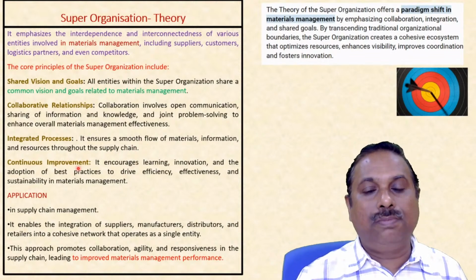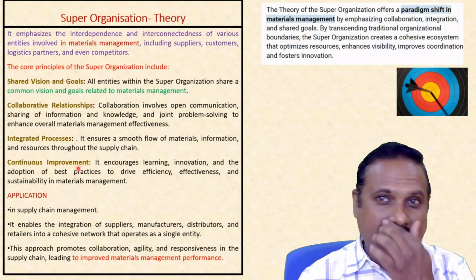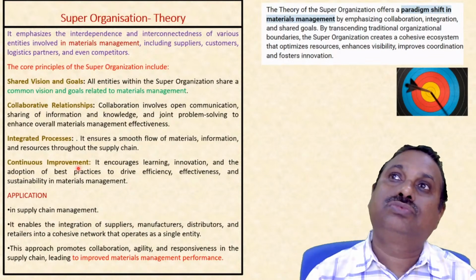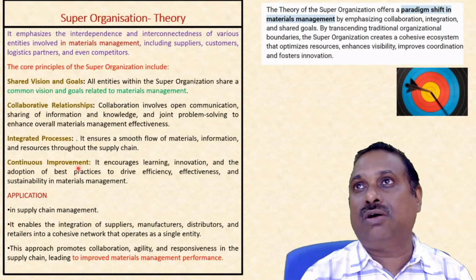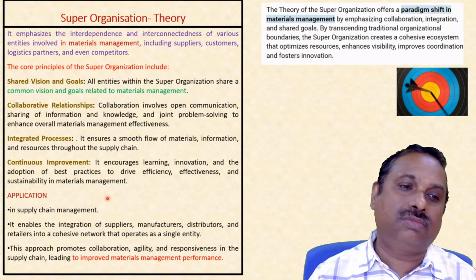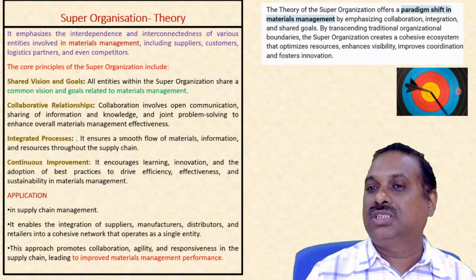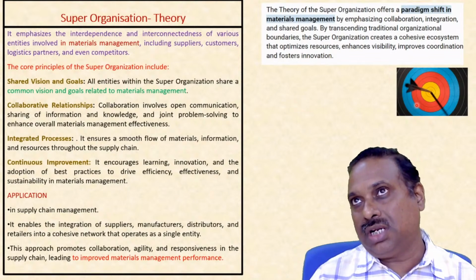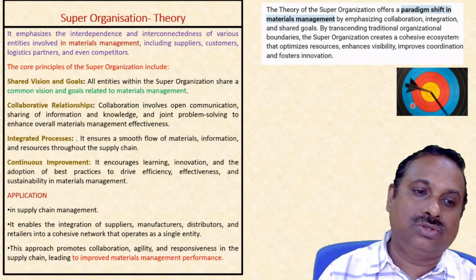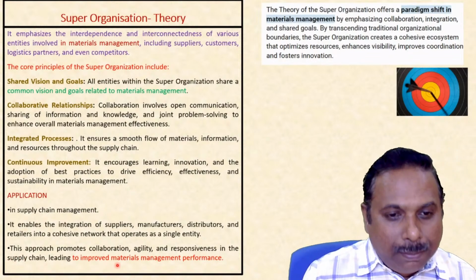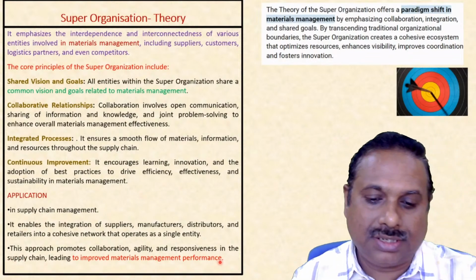Continuous improvement: all the departments try to continuously improve. This is one of the characteristics of TQM, total quality management. The application is supply chain management because it takes both customers as well as suppliers, leading to improved material management performance.